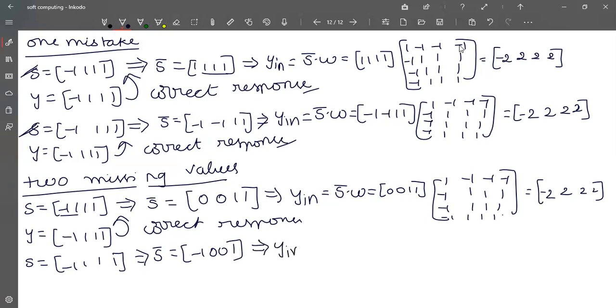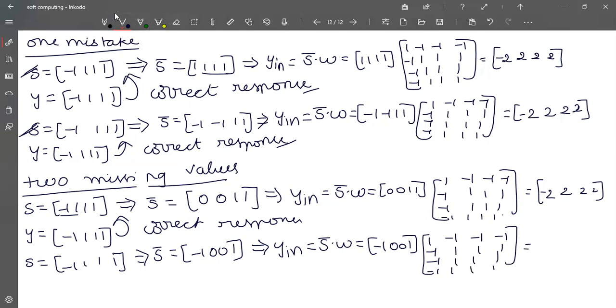So let's find y_in is equal to s dot w: minus 1, 0, 0, 1, and our weight is minus 1, 1, 1, 1, and so on. So minus 1, 0, 0, again minus 1, so minus 2.